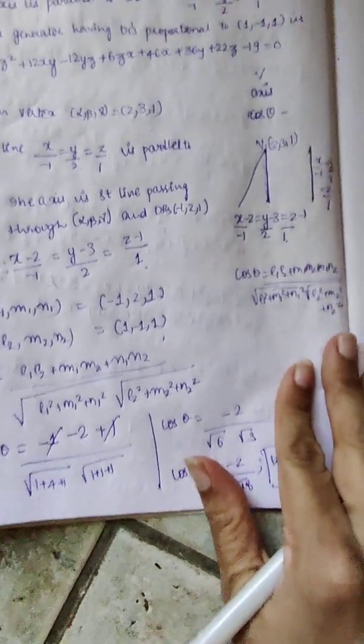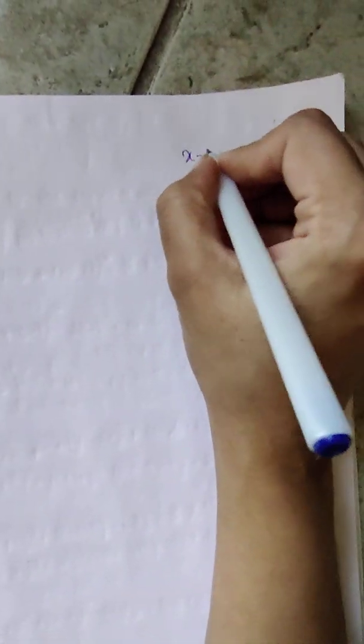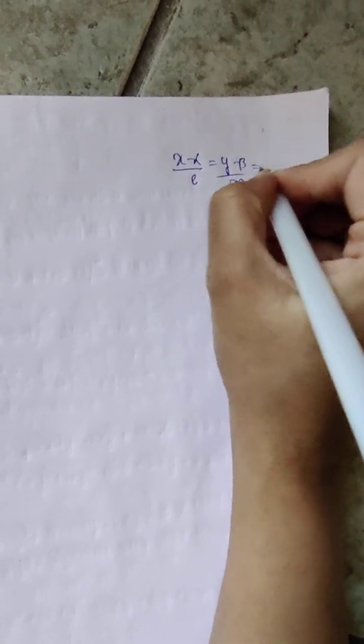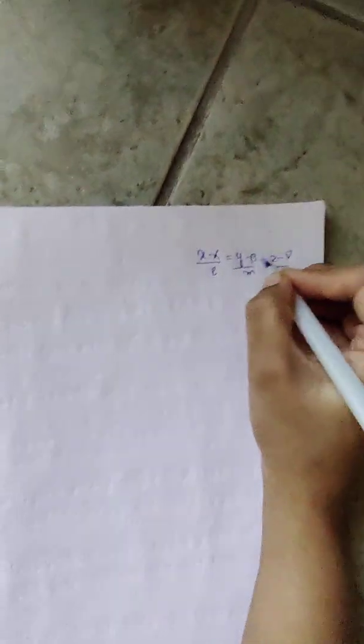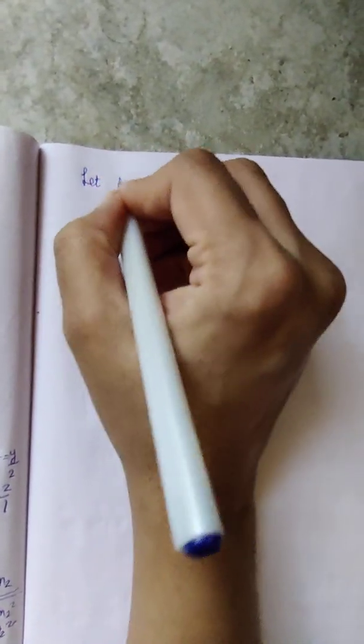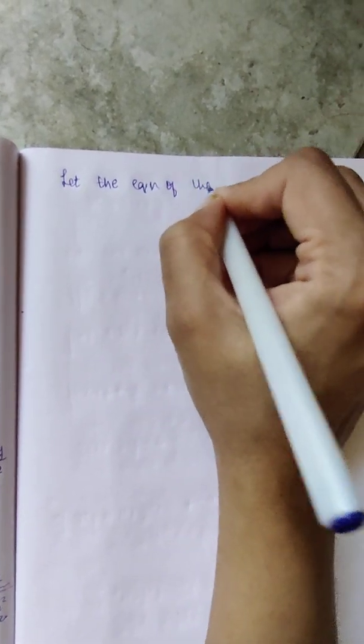So now I will go for the right circular cone formula. As I told you always, again I'm going to repeat it. How will you remember the cos theta formula? Just by the straight line passing through alpha, beta, gamma. So I'm going to look at this and keep on framing. Let the equation of the right circular cone be L into x minus alpha.